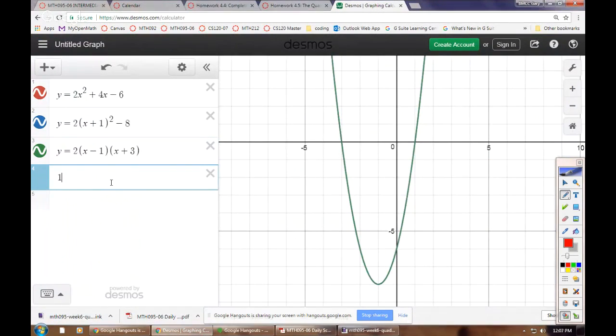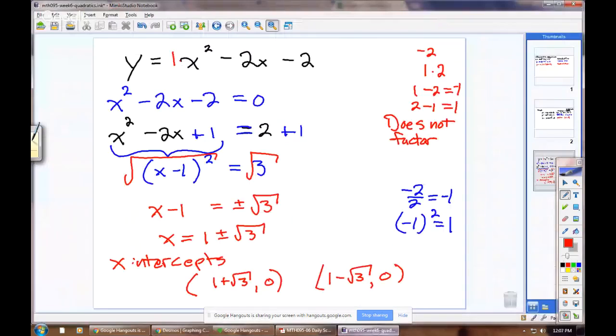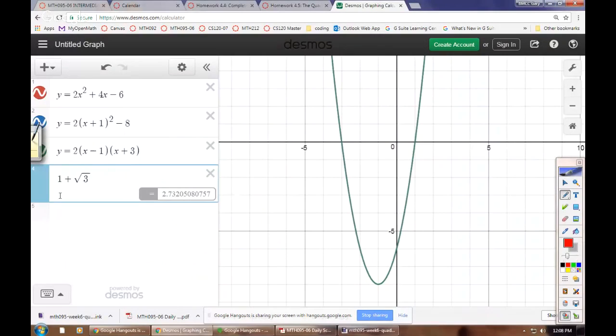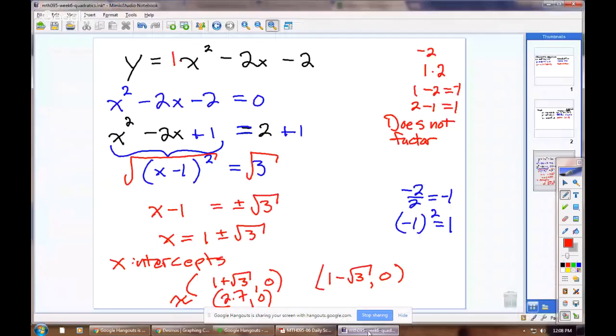So 1 plus the square root of 3 is about 2.7-ish. So this one here is approximately 2.7, comma 0. And the other, 1 minus the square root of 3, oops, is negative 0.7 roughly.